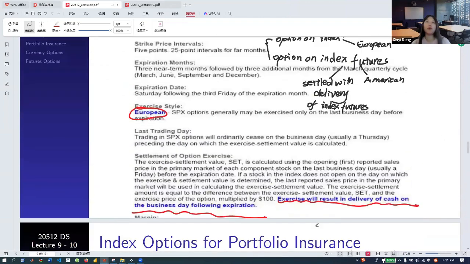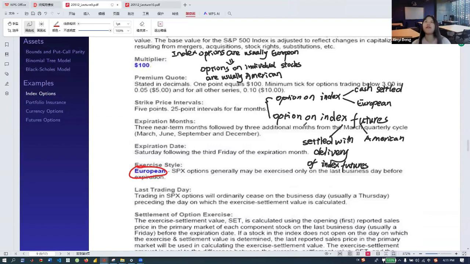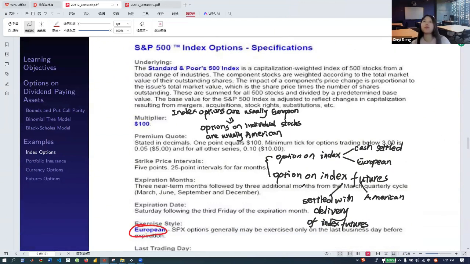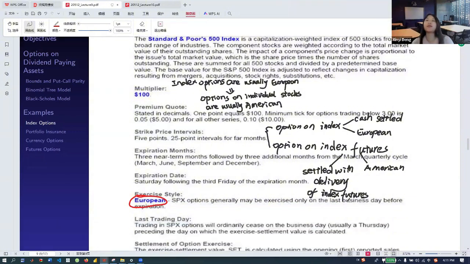Also, one more feature about other derivatives. Options on index futures are in practice usually settled with delivery of index futures. So this is like an option on futures.